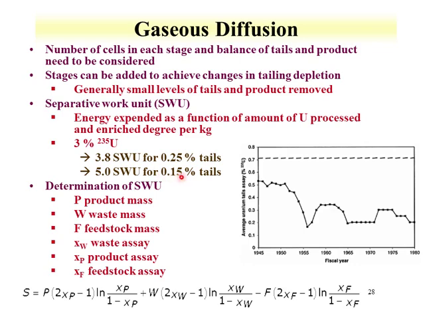If I have lower enrichment, I would need larger separative work units. The equation for the separative work unit is listed here, and it's a function of the product mass, the waste mass, the feedstock mass, and the isotopic fractions.